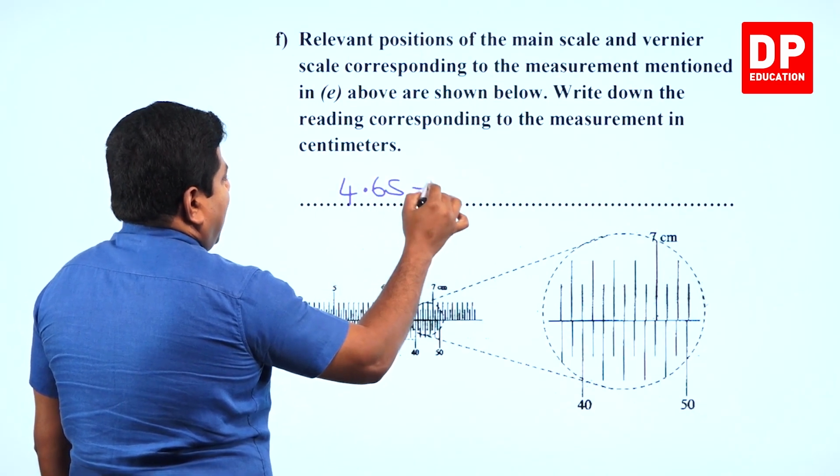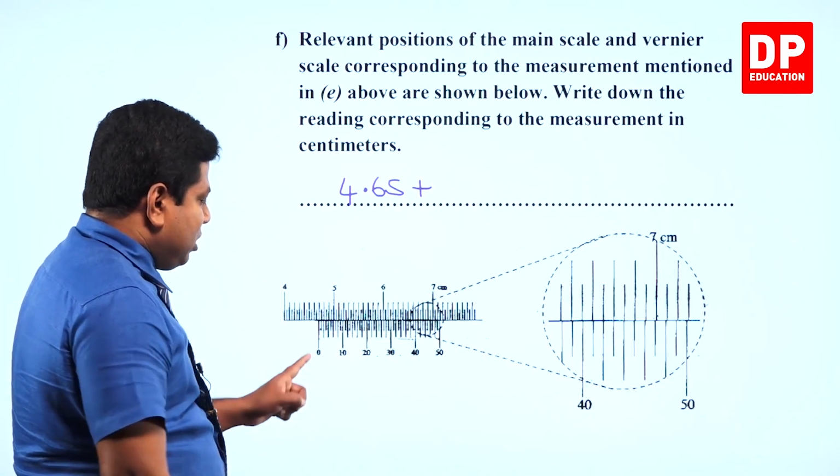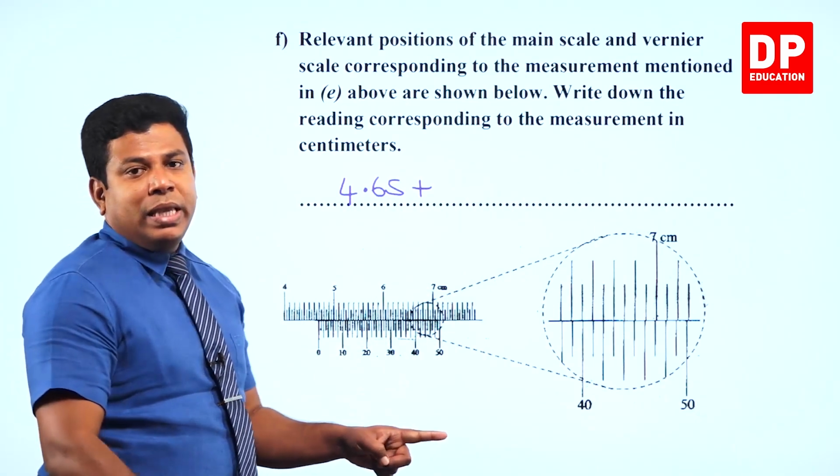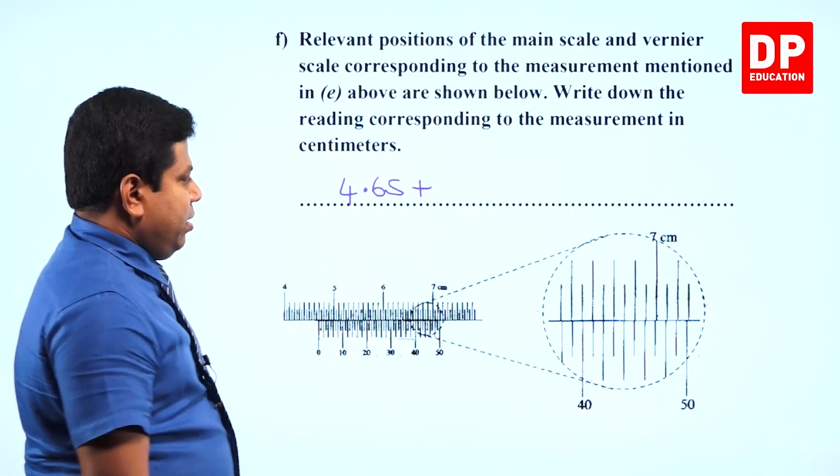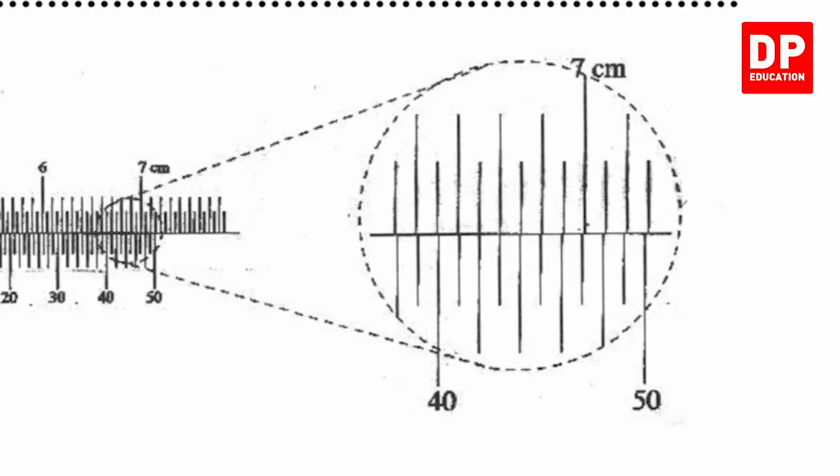4.65 plus. Then we have to see which line of the vernier scale is coinciding with a line on the main scale. They have given the zoomed image of that. You can see here, I can say 42 is aligned. Can you see 42?